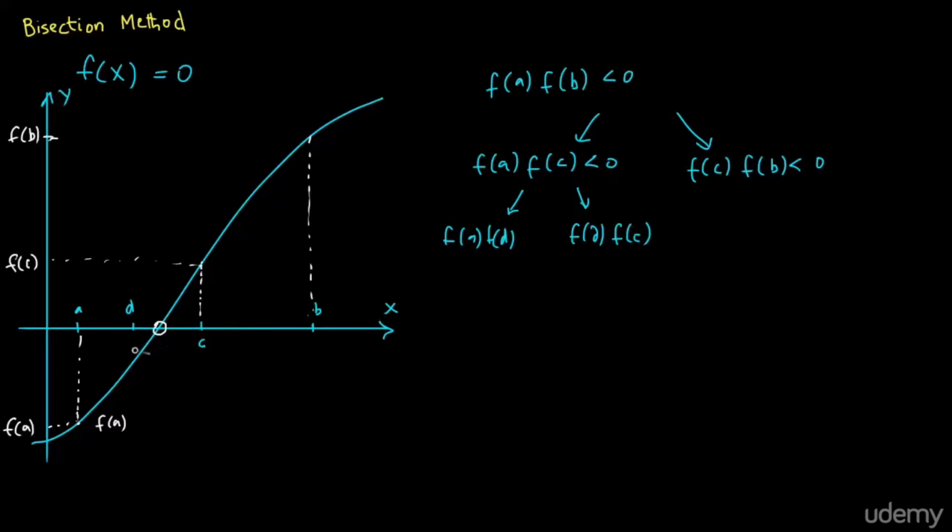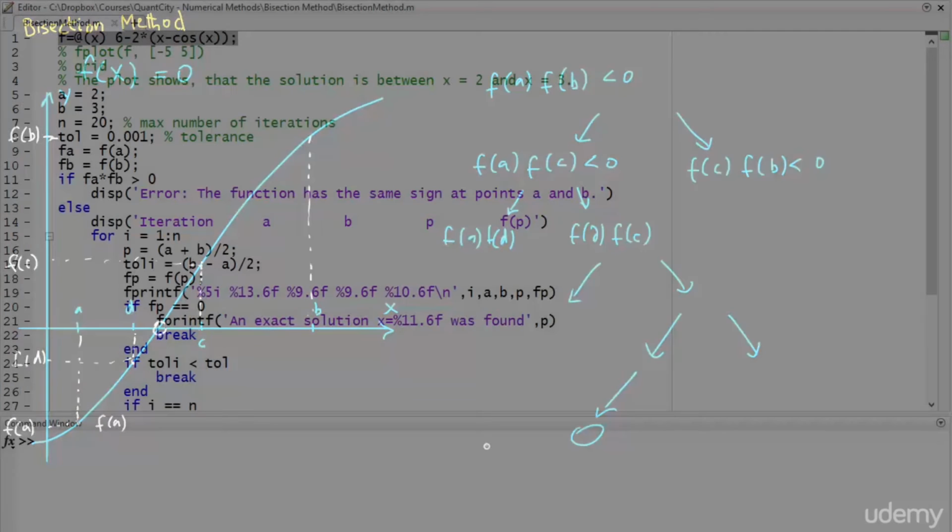Because once again, if you look at the actual plot, you'll see that f of D is negative here, and f of c is positive, so we choose this particular option, and we continue this onwards and onwards until we get a suitable result. So this is the whole point of the bisection method.